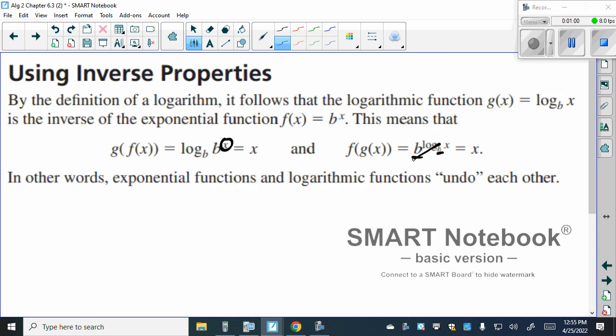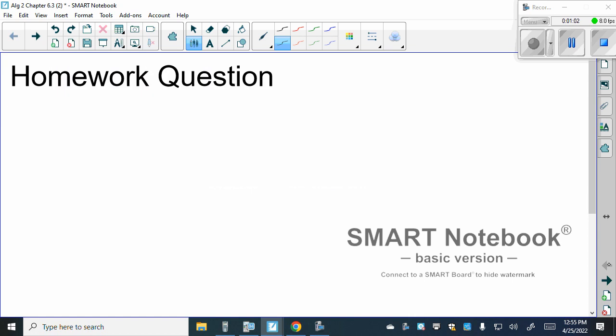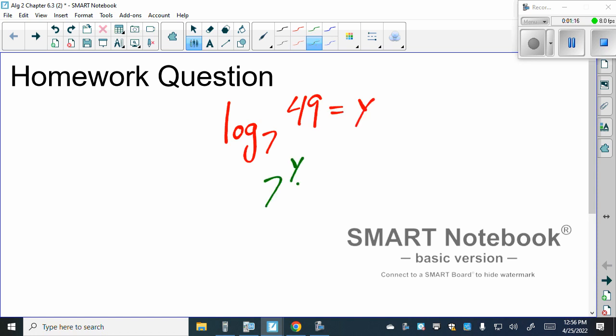And we did some of this on Wednesday when we talked about, say, log base 7 of 49. This is one of the problems from the homework assignment. When we looked at this here, we said equals y. So we're trying to see 7 to the y equals 49 if we rewrote it back in exponential form, which would exactly be 2, because 7 squared is 49.